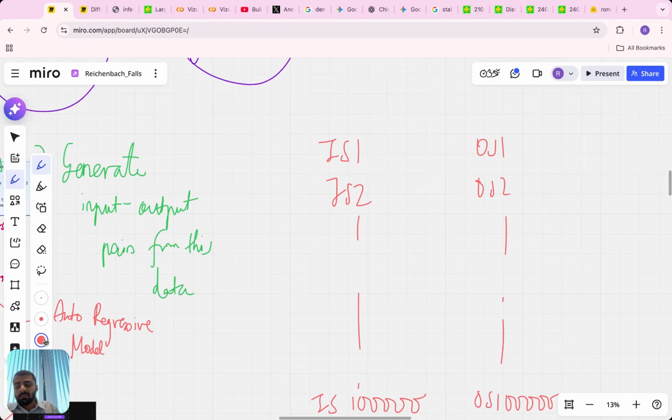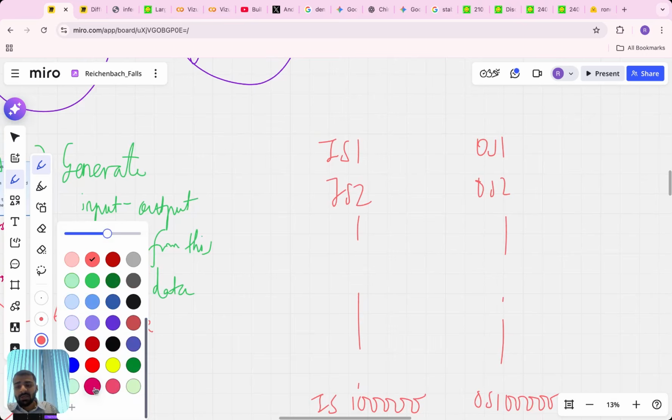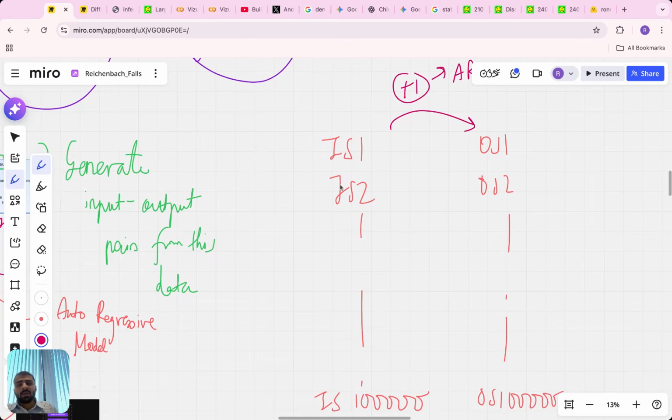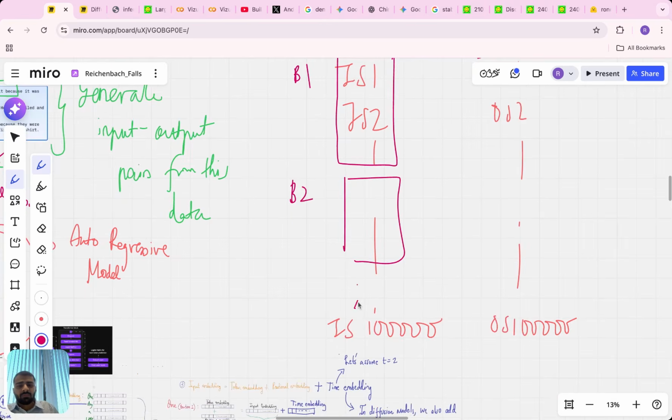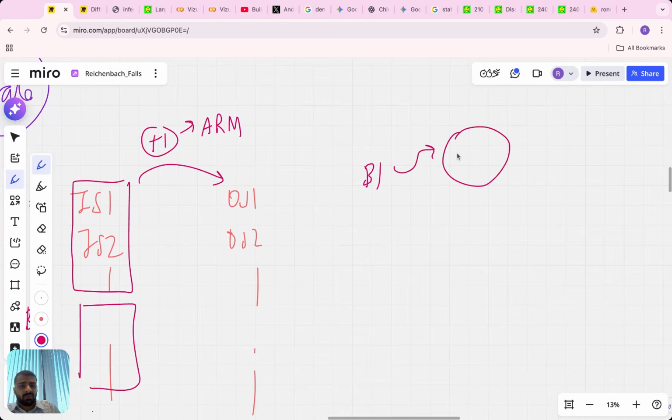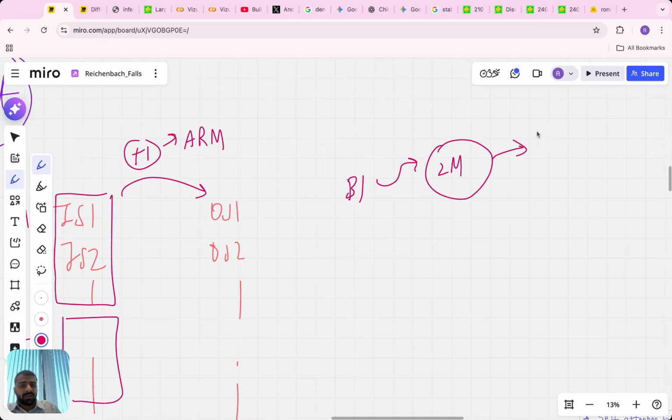And remember, the output sequence is just the input sequence shifted to the right hand side by 1. That's why it's called an autoregressive model. Now the way language models work is that these are grouped into batches. This is batch 1, this is batch 2, etc. Each batch is passed through this language model, and I have my prediction.